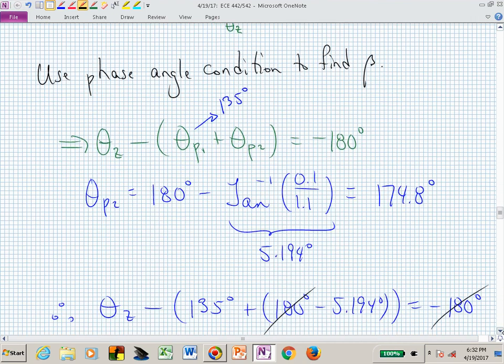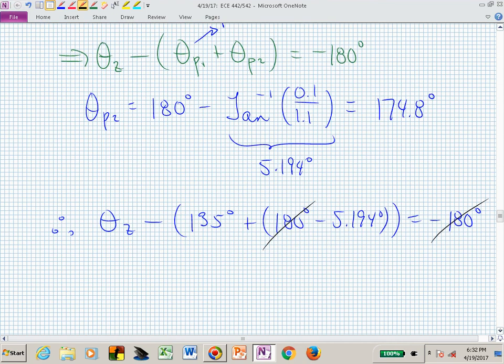Beta, or the zero's angle, I don't yet know. But I just calculated theta p sub 2, that's this guy. And by keeping it separated as 180 minus 5.194, that simplified my algebra a little bit.